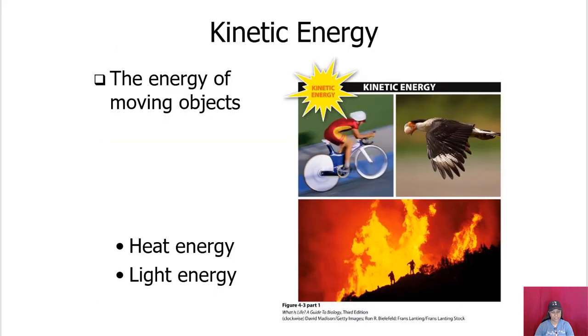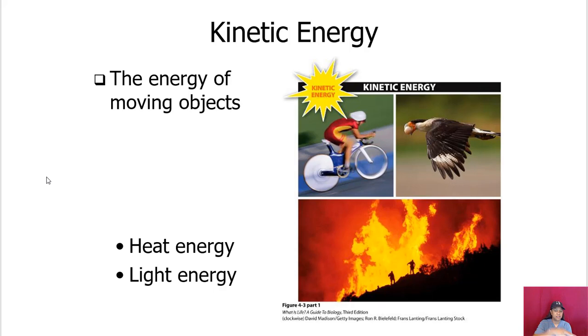Kinetic energy is the energy of motion, but there are two forms that tend to confuse people that fall into kinetic energy, and that's heat energy, because remember we said the fire, that's kinetic energy. So heat energy is a form of kinetic energy, and light energy is a form of kinetic energy.